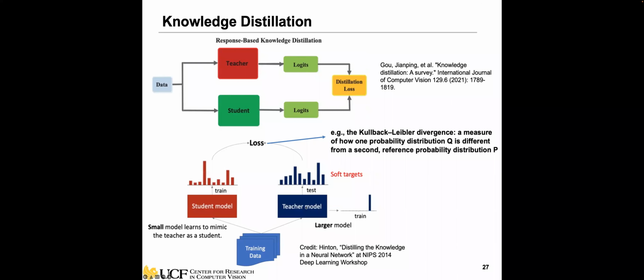So you have the teacher-student network, and you have the training data. The teacher network will generate a prediction, right? We call this soft logits or soft targets. The hard target is considered the ground truth, like the one-hot encoding, right?